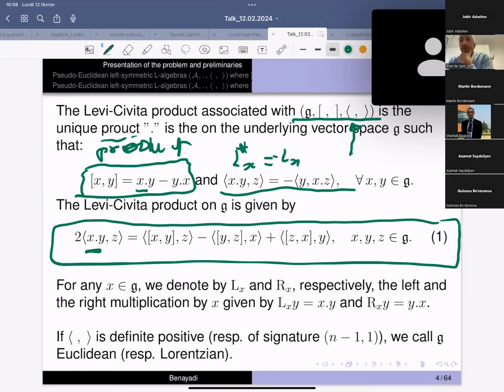For notation, for any x in G, we denote by Lx the left multiplication by x, and by Rx the right multiplication by x. If this scalar product is positive definite or of signature n-1, 1, we call G Euclidean in the case of positive definite, and Lorentzian if the signature is n-1, 1.